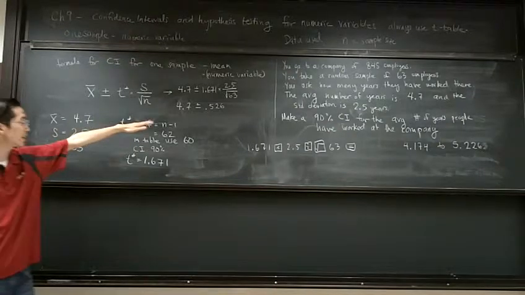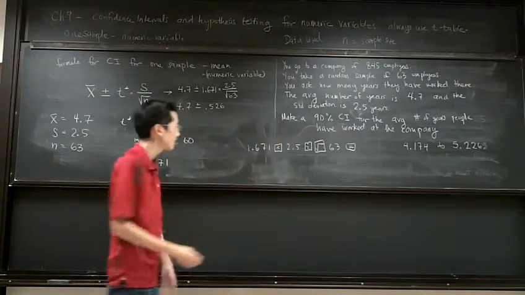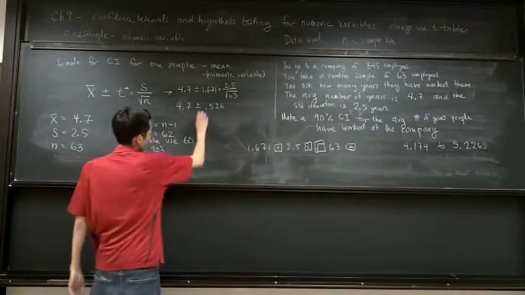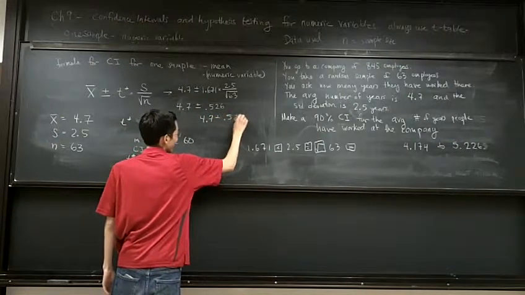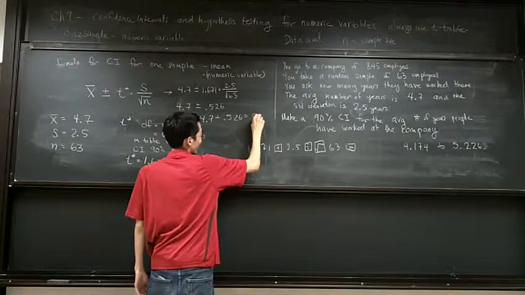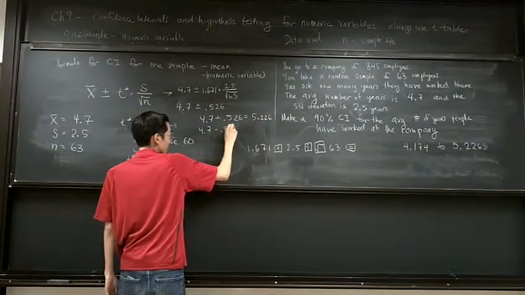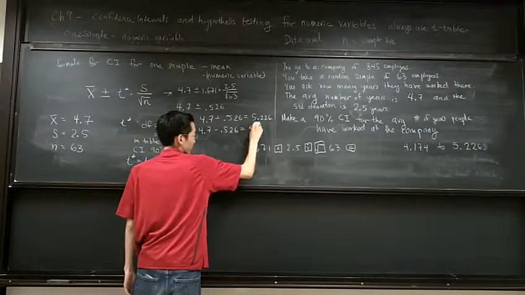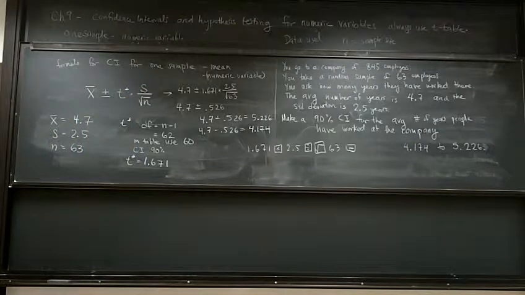So you do 4.7 plus 0.526, and you get 5.226, and you do 4.7 minus 0.526. And that's it. This part is easy.